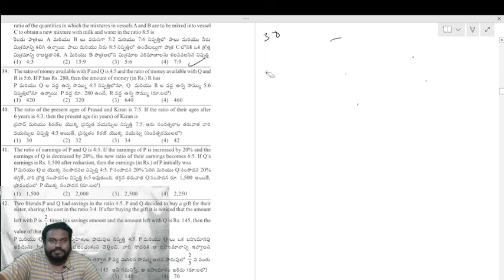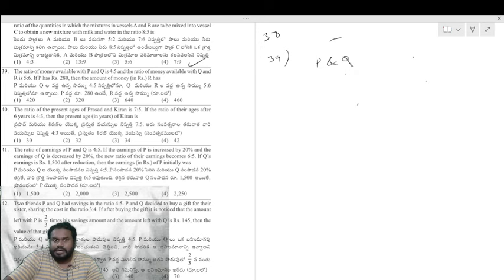There are two ratios of money. P and Q are having money in the ratio 4:5. The ratio of money available with Q and R, Q is to R, is 5:6.